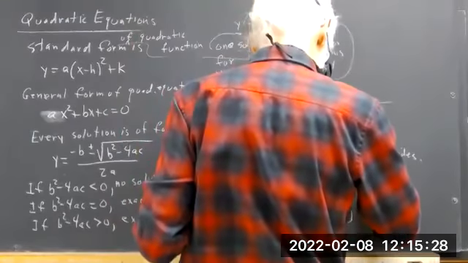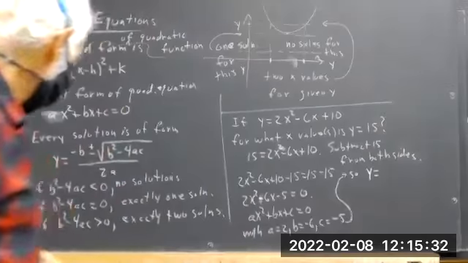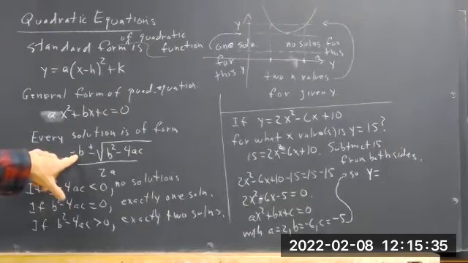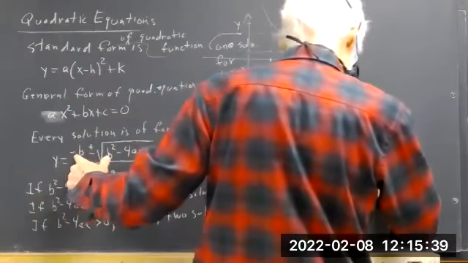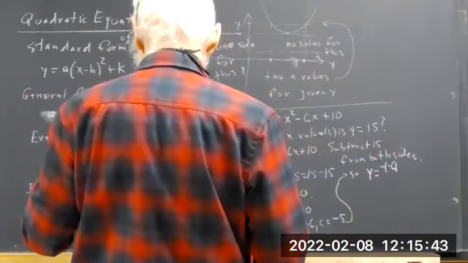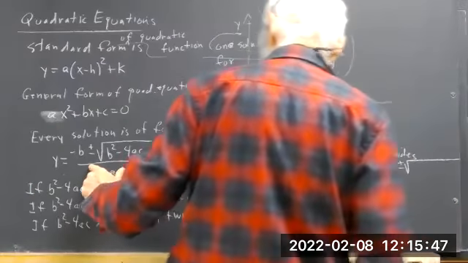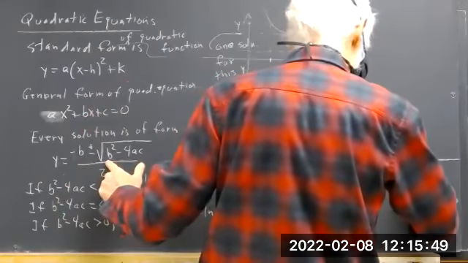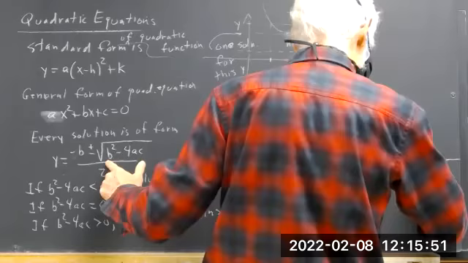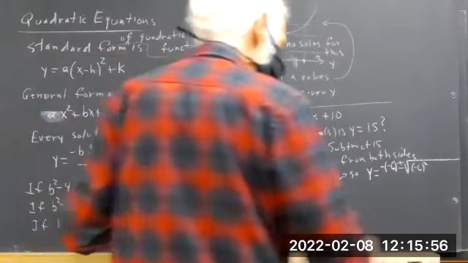So x equals what? b is negative 6, right? So we have a negative of negative 6, plus or minus the square root of negative 6 squared minus 4 times ac.